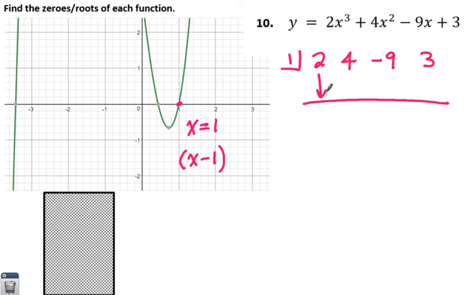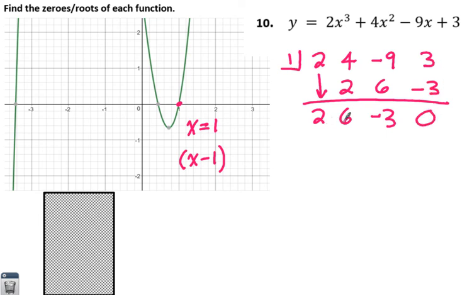And so by synthetic division, here's what happens. I bring down the 2. And now I multiply 1 times 2, which is 2, and I write it there. Now I add those together, and then I rinse and repeat. I do 1 times 6 to be 6, and put it right there. Now I add vertically, and I get negative 3, and now I do 1 times negative 3 to get negative 3, and I add those, and I get 0.